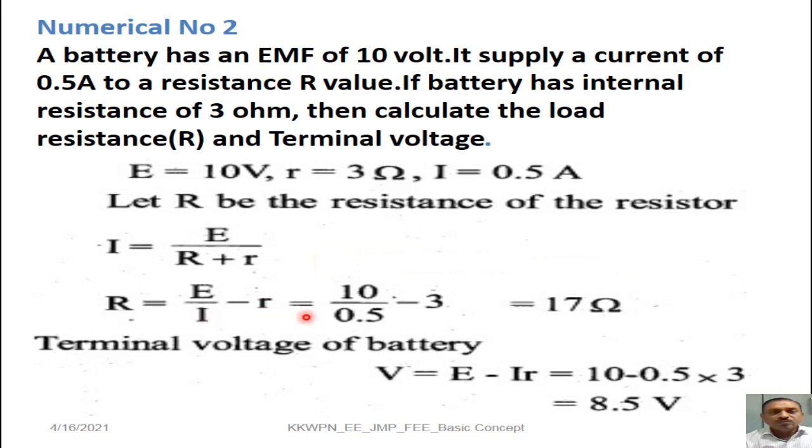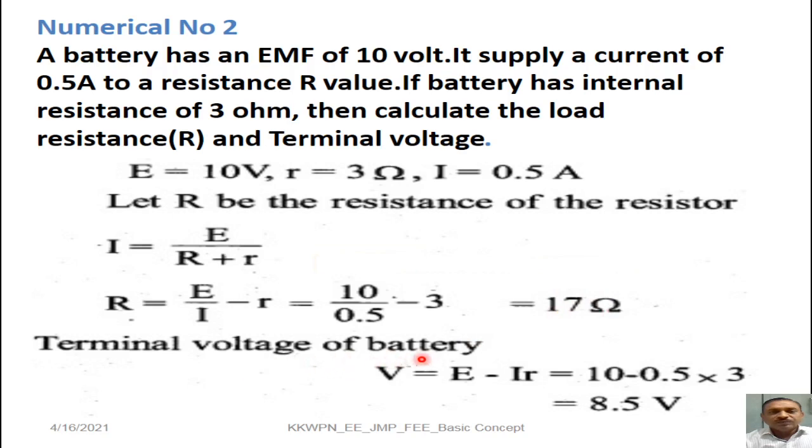So put the values of these quantities given in the numerical. That is 10 upon 0.5, that is E upon I, minus 3, where 3 represents the internal resistance of the battery. So that will be coming as 17 ohms. So the resistance of the given load is 17 ohm.